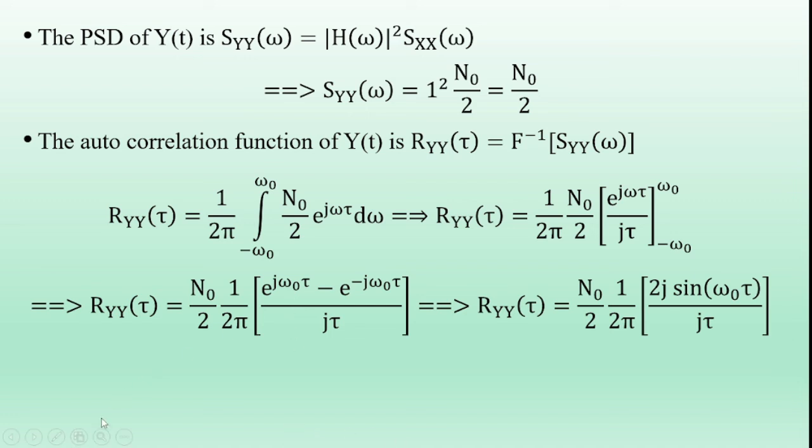So this numerator term, e power j omega naught tau minus e power minus j omega naught tau, is 2j sin of omega naught tau. So in numerator and denominator 2j cancels, and the remaining term is Ryy of tau is equal to N naught by 2 into sine of omega naught tau by 2 pi tau. So this is the autocorrelation function of the output response y of t.